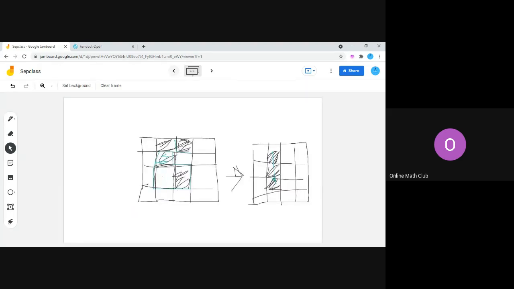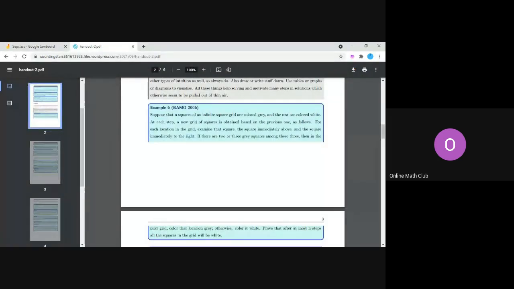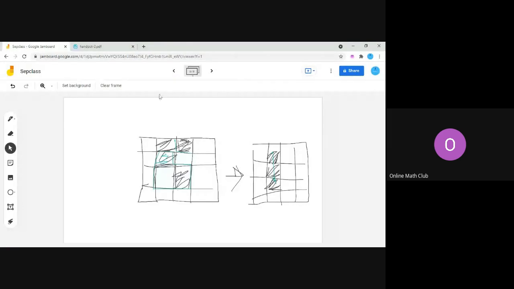And just to go back to the idea I was talking about in the question, the idea we came to was that the squares on the bottom and the left don't matter, right?